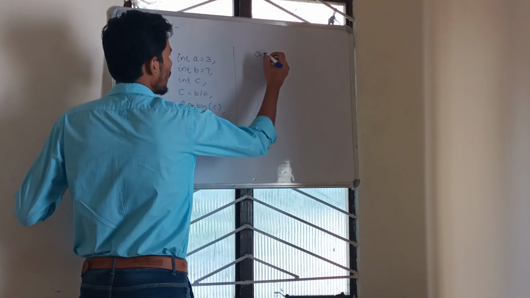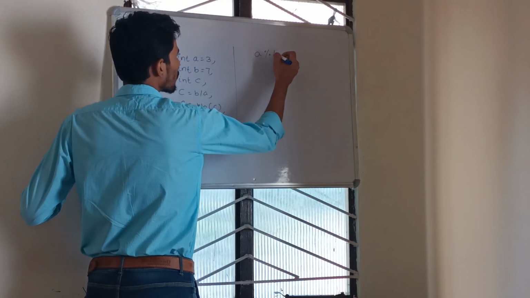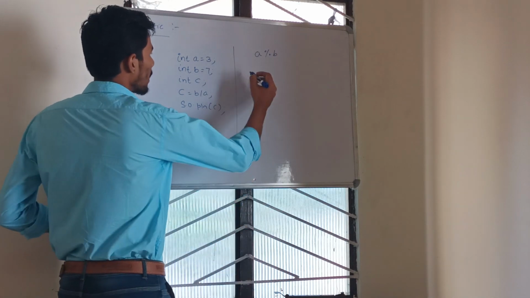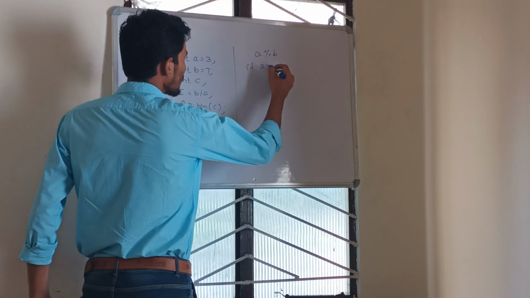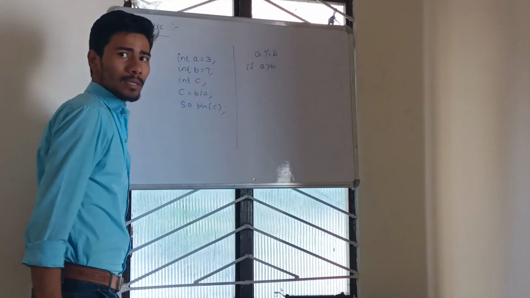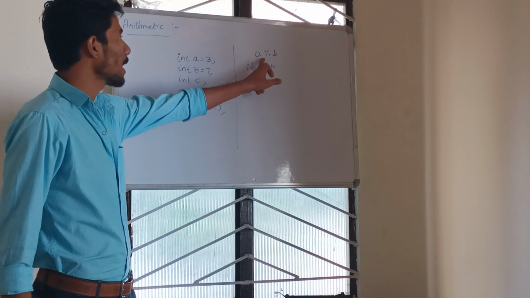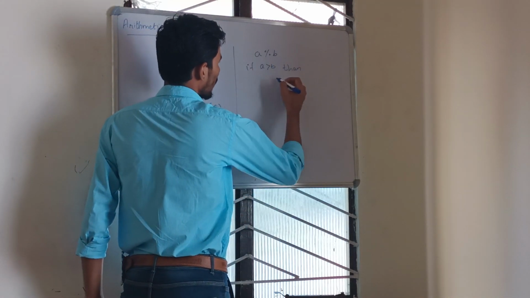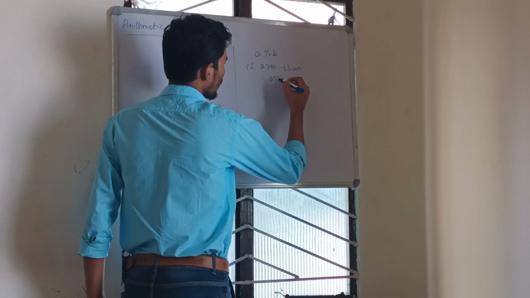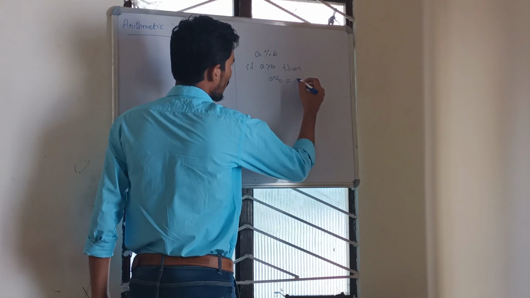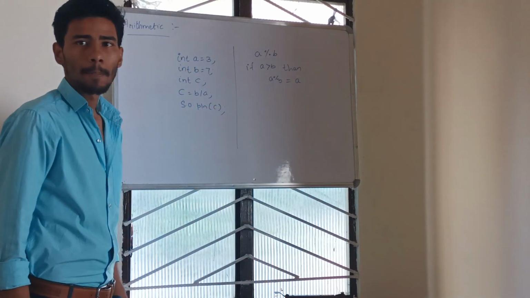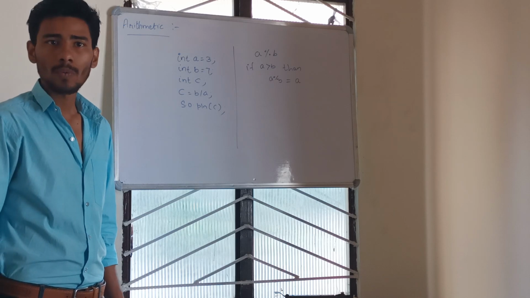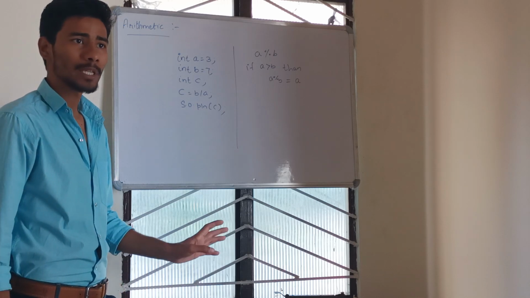For example, A modulus B. If A is less than B, then A modulus B equals A. Always, this will be the output.